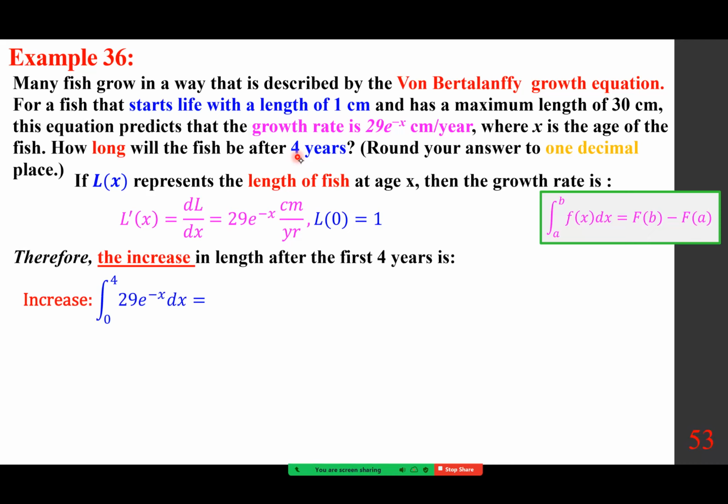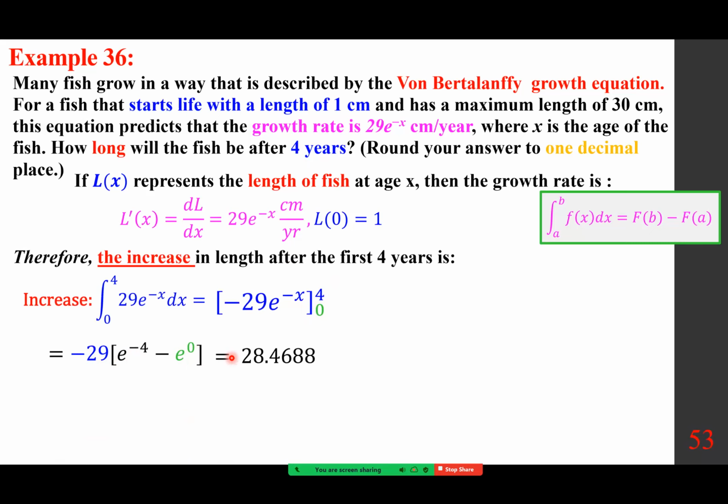And it's a simple case. 29 divided by -1 makes it negative 29 e to the power minus x from 0 to 4. First you put 4, then you put 0. And class, you just have to use the calculator. This is 1, easy, but this one you have to put in the calculator because they want an approximation with 1 decimal. They don't want an exact answer, of course.